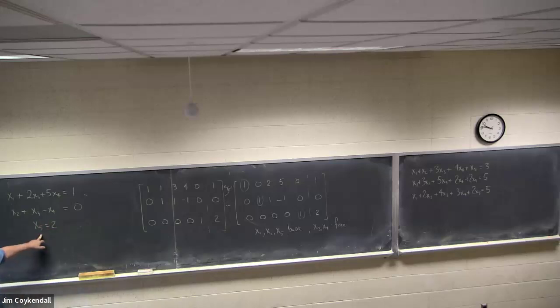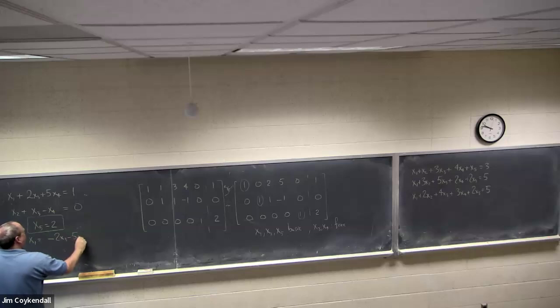It's determined by the free variables in a very silly way. And no matter what, every solution has the property that x5 has to be 2, right? There's no variance in that. But there are infinitely many solutions, right? And notice I can rewrite these equations this way. x1 is equal to minus 2x3 minus 5x4 plus 1.